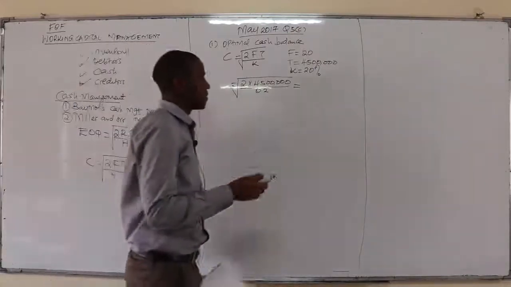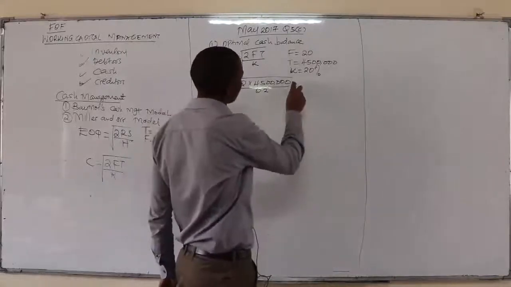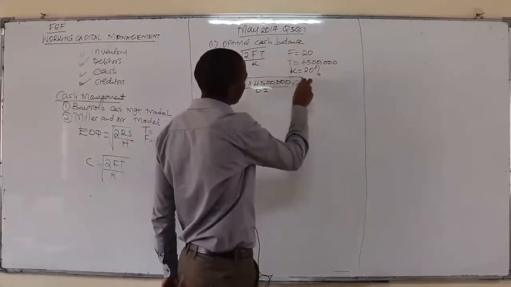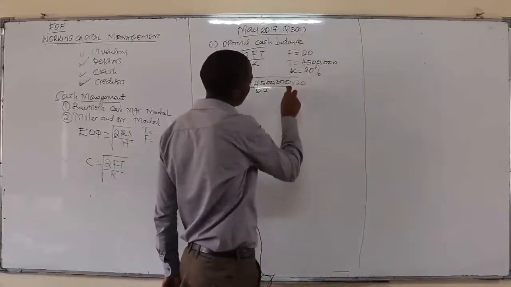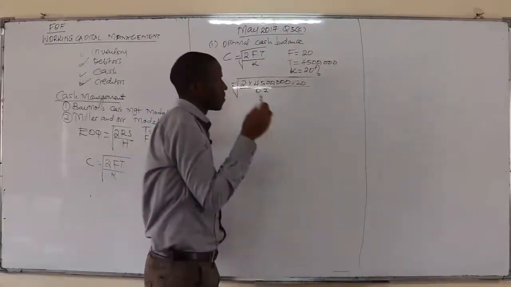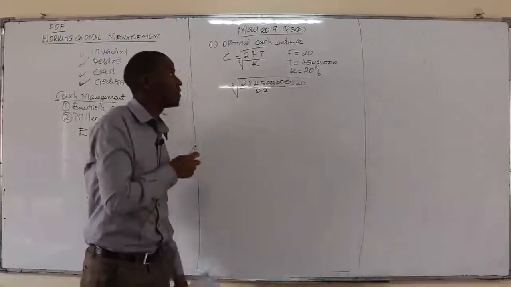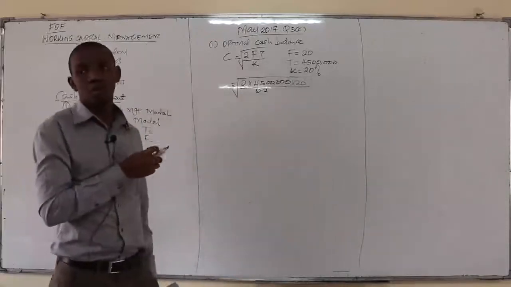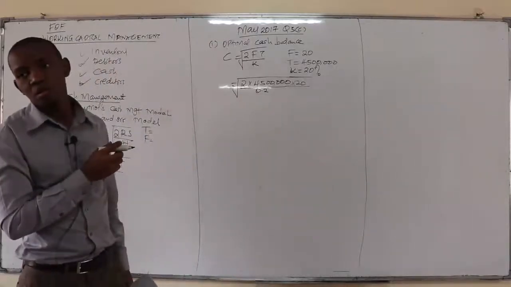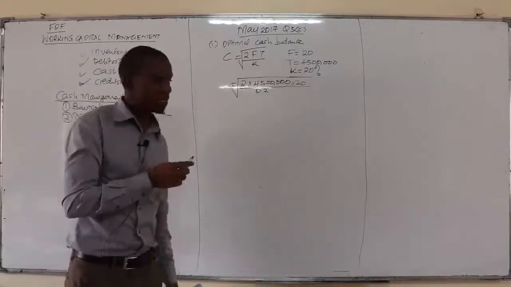Napata ngapi? Remember, here you also multiply by 20. Don't forget to multiply by 20. 20, we are talking about the fixed transaction cost.